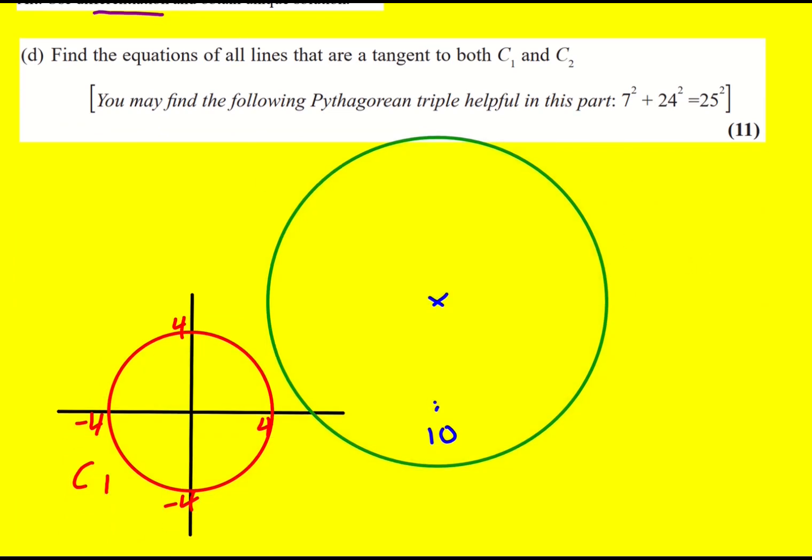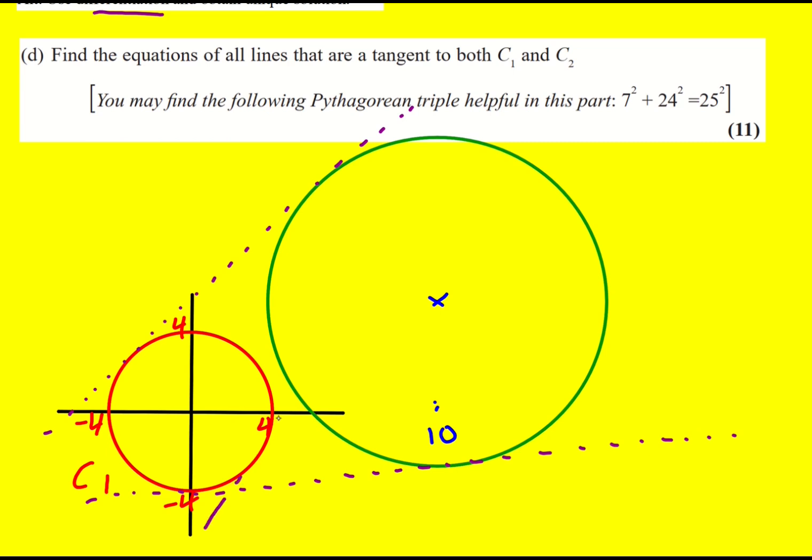I'm not going to use the straight line tool here because it won't quite fit in, but I can see this is going to be a tangent to both. And then there's also going to be one going along here. It's not necessarily going to hit the bottom of the red and green circles, by the way. It's just a sketch to illustrate that there will be a tangent there.